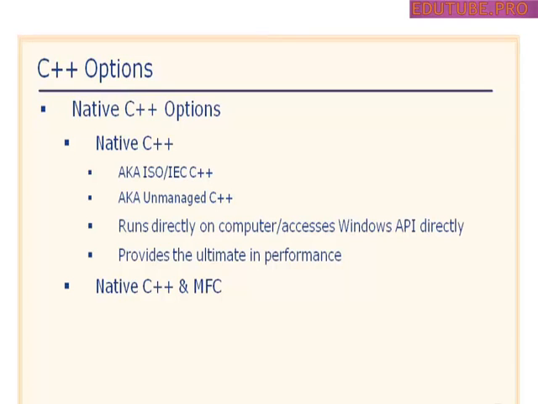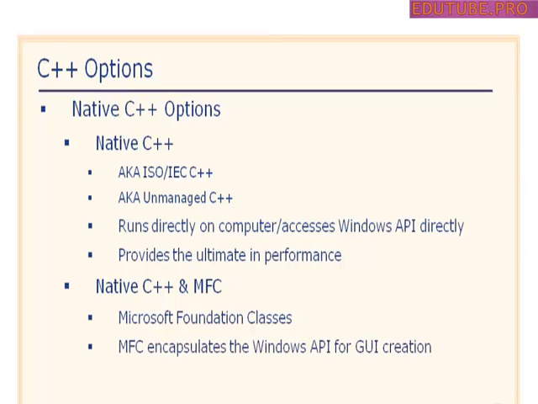Now, if you want to combine native C++ with some of the Windows graphical user interface stuff, one choice you have is to write your code in native C++ and then use MFC, which in English means Microsoft Foundation Classes. MFC simply encapsulates the Windows API for GUI, or graphical user interface creation.